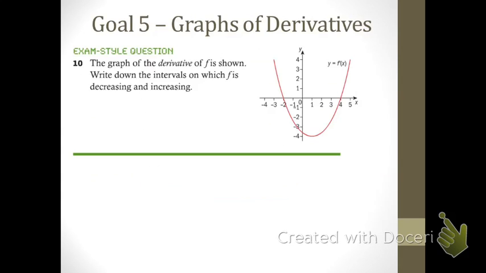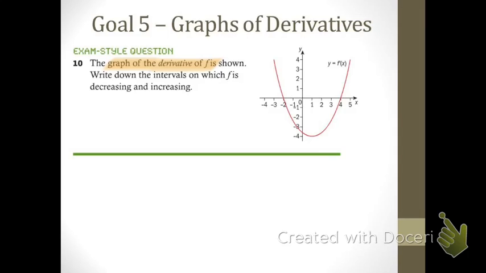I want to start off with a graph of a first derivative of a function and the graph of a second derivative of a function on the next example, and talk about what they indicate about the function. What can you learn about the graph of f of x if you see the graph of f prime of x, as in this example here? It says that the graph of the derivative of f is shown. So that is f prime of x.